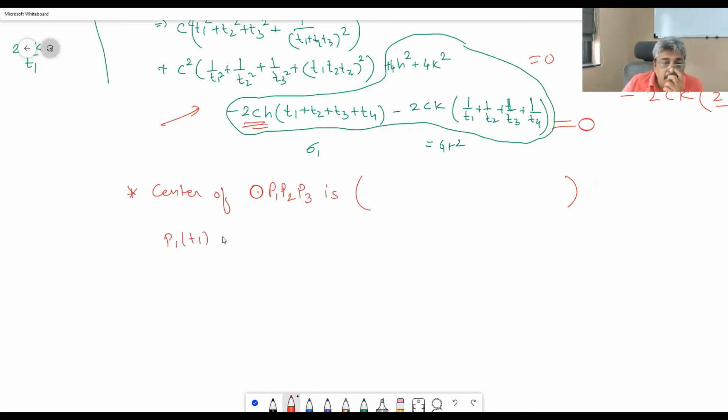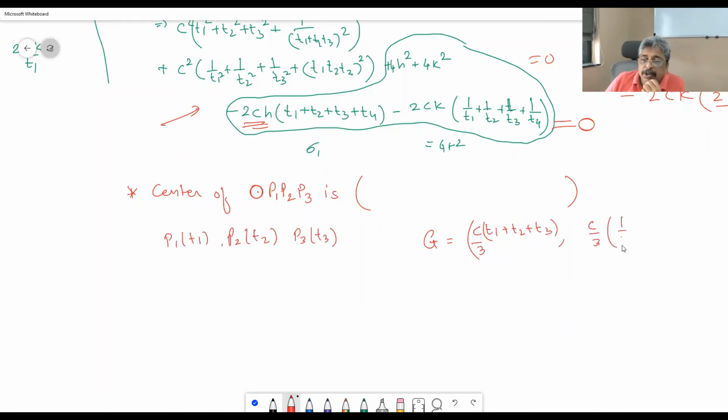P1, T1, P2, T2, P3, T3. These are the parameters of points on the circle. Therefore, centroid G is equal to c(T1 plus T2 plus T3) by 3, comma, c by 3 into 1 upon T1 plus 1 upon T2 plus 1 upon T3.